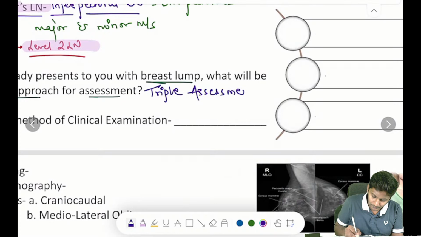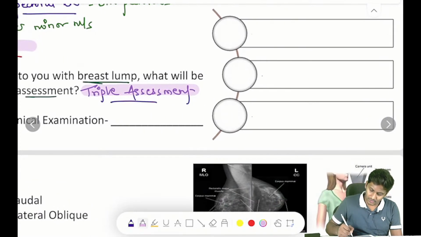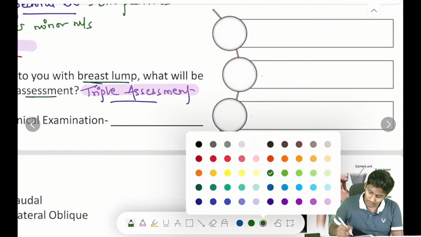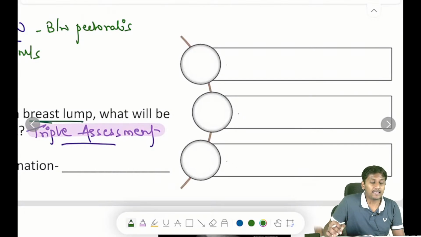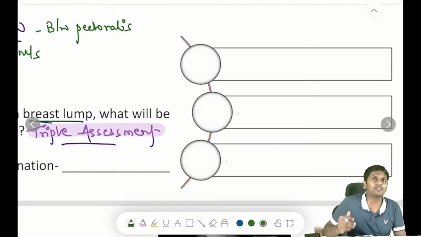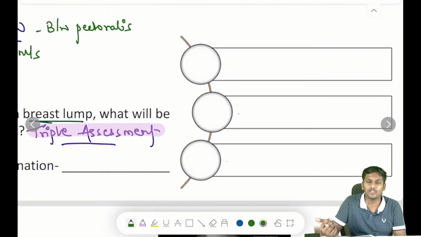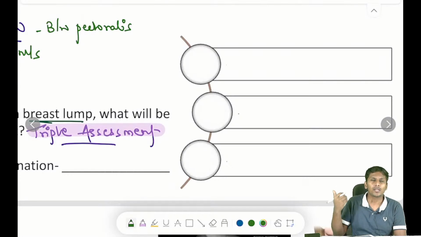The first one you have to understand is history taking and clinical examination. You have to take proper history in the patient, because the patient might have a family history of breast cancer or of other benign breast diseases, or the patient herself might have had a breast cancer in the past.